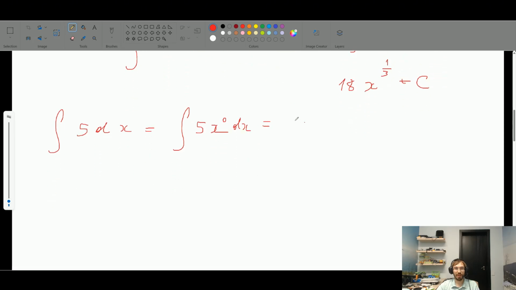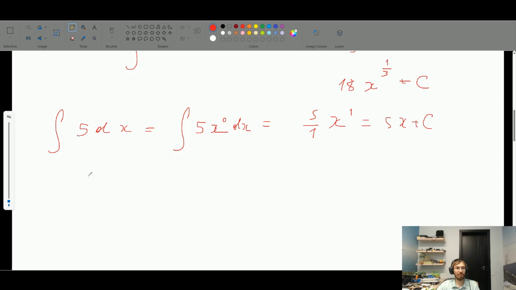So that will be x to the power 1, because the power raises by 1, and then 5 over 1, which will be then already without integral because I have calculated it, which will be then 5x power 1 plus c.